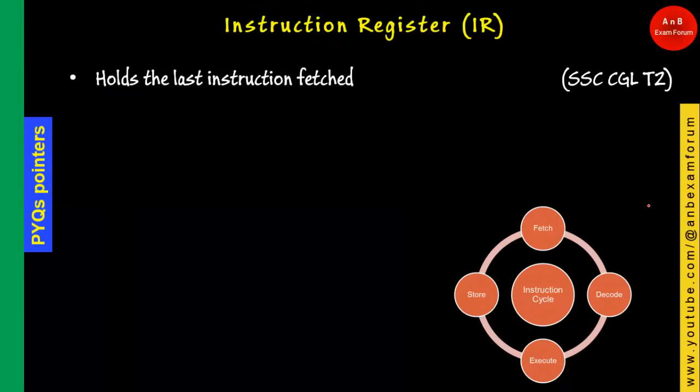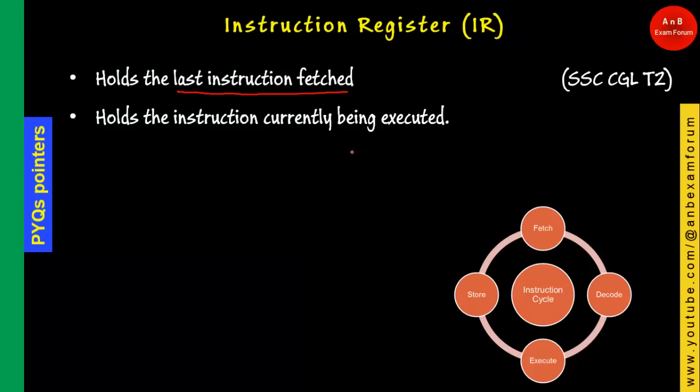Okay, so the next one is the instruction register. It is similar to the program counter, but it is going to hold the last instruction fetched. As we have seen, after fetching, the program counter will be increased by 1, but the current instruction will be stored in the instruction register.